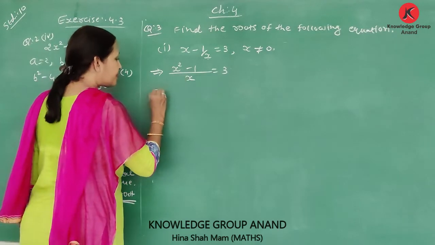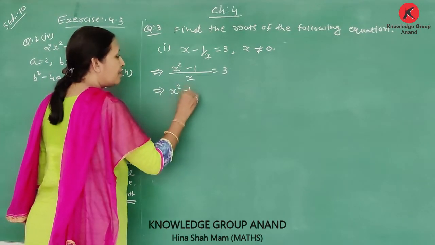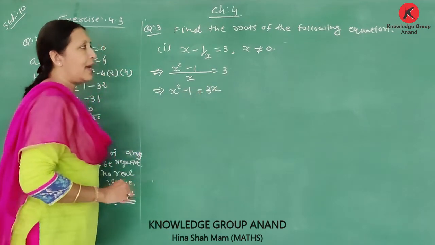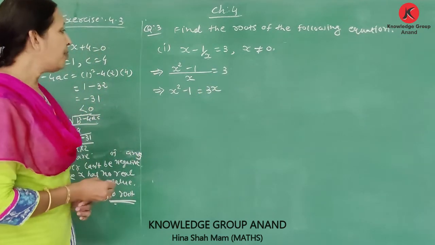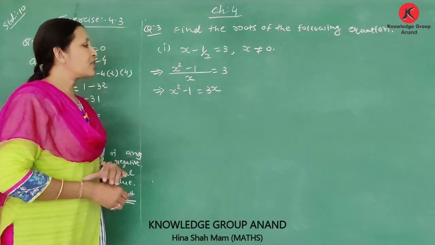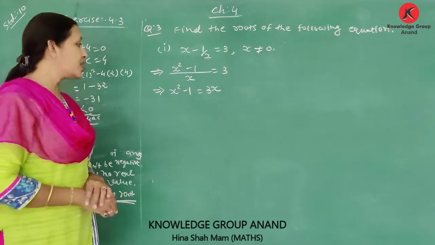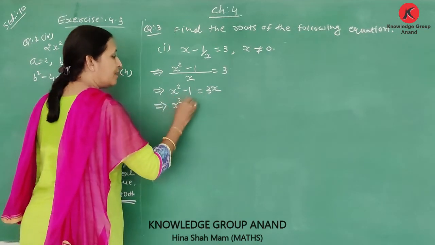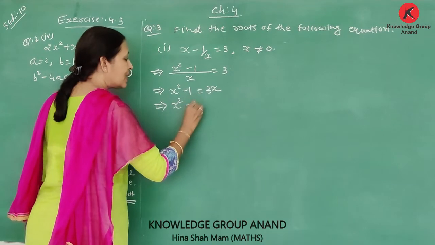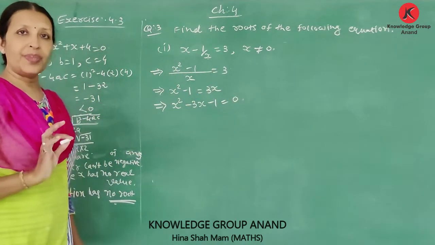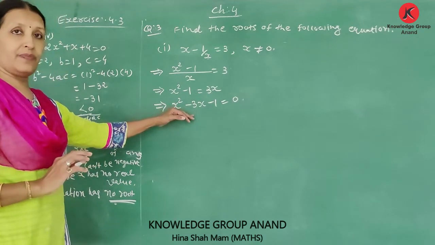Here, x square minus 1 equals 3x. Division goes to multiplication. Then x square minus 1 is equal to 3x. In equals-to-0 form, x square minus 3x minus 1 equals 0, which is our quadratic equation.